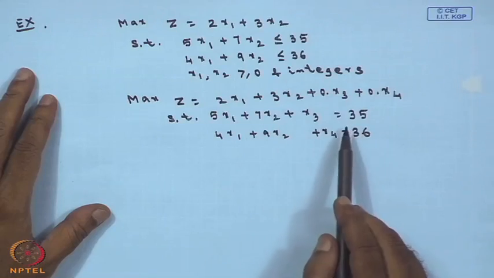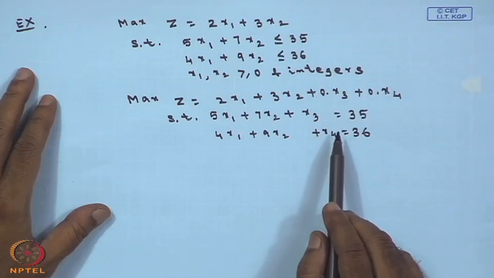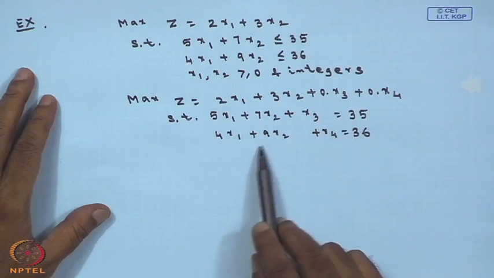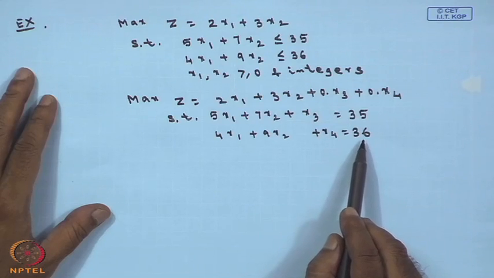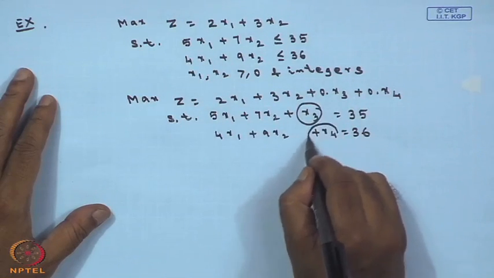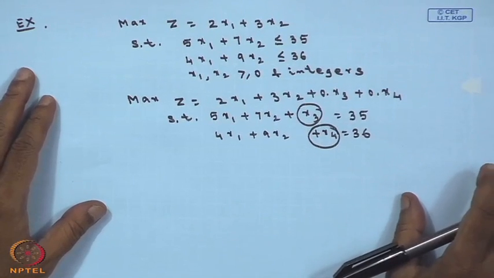I have chosen the problem like that so that I can find the solution graphically. We will find the feasible region for the constraints with x1, x2 greater than or equal to 0; x3 and x4 we will not take, I wrote them but we will not use the simplex algorithm.